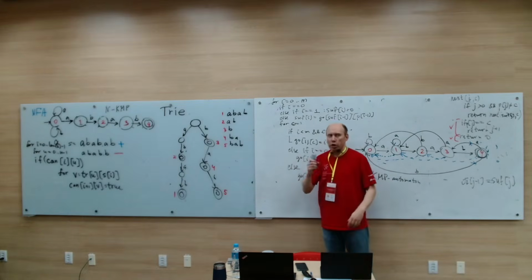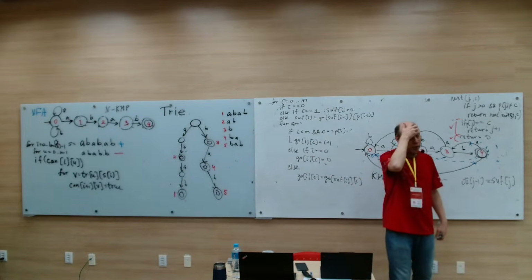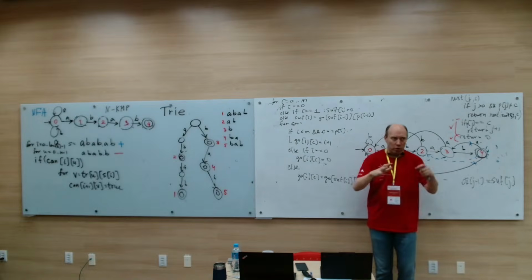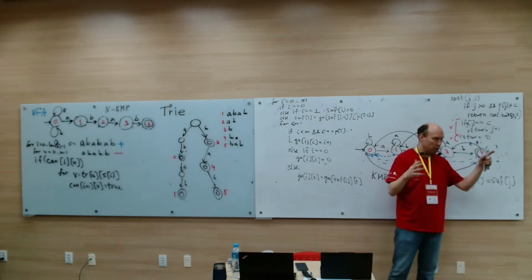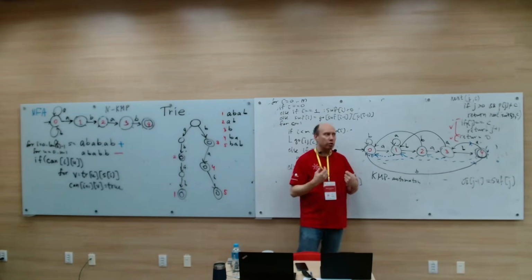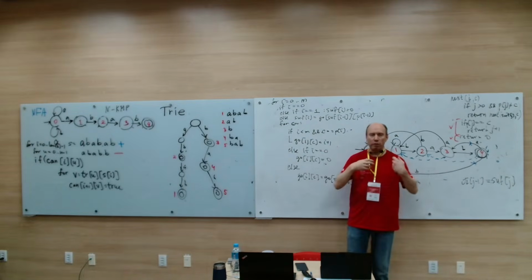The generalization for the trie would be the maximal suffix that matches not necessarily a prefix of the same string, but a prefix of some string, because the strings can be mixed in the text.